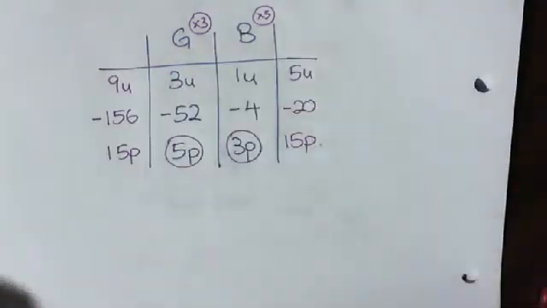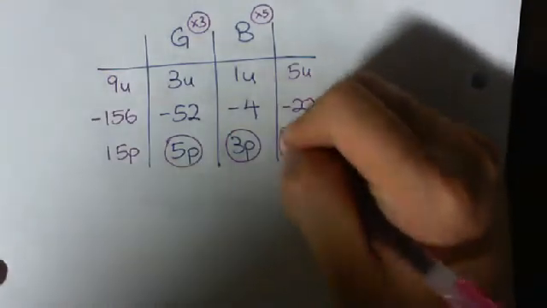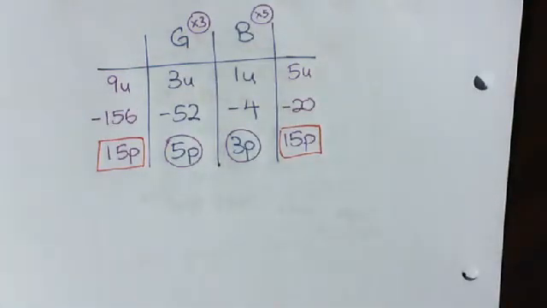On this side, 9U minus 156 would give me 15p. Now, the parts are purposely made equal so that we can have a comparison.